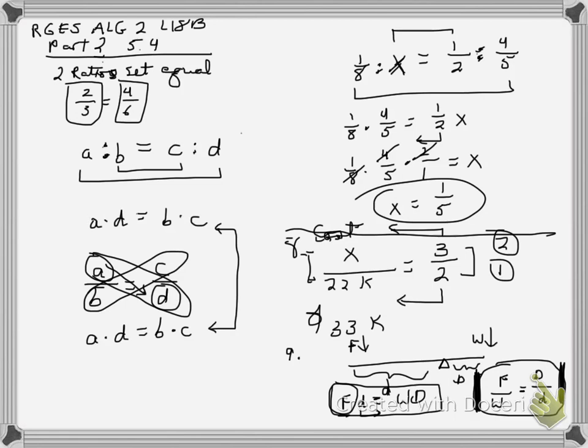Okay, number 10 on the next page. Ten says solve the proportion obtained in example 9 for W. So if I had F over W equals capital D over small d, and I want to solve for W, I'm going to put that in the numerator by taking it to the other side.